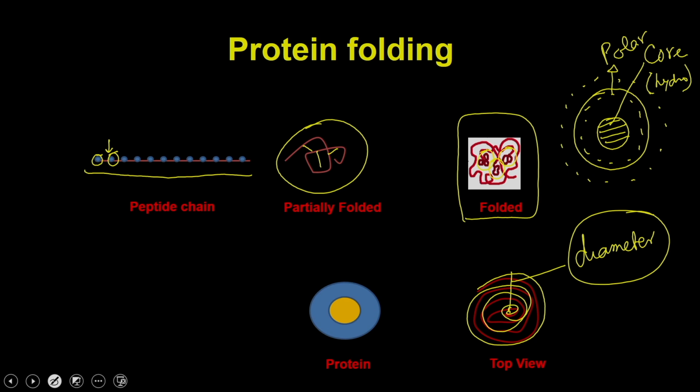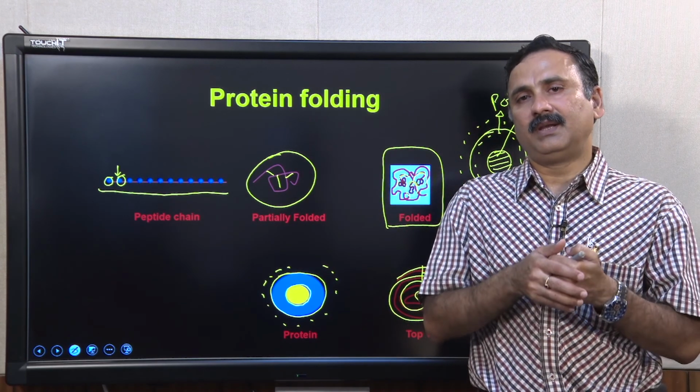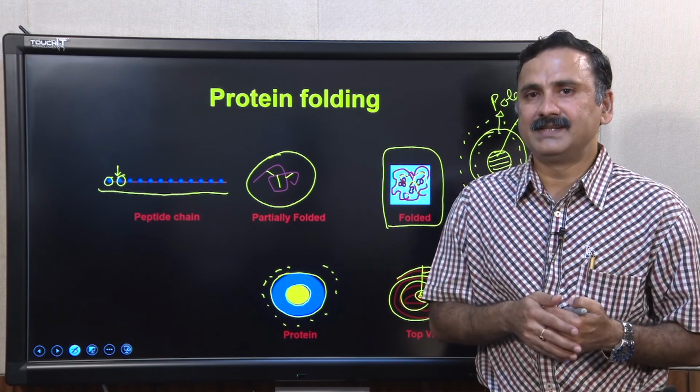So, as we discussed, you have the hydrophobic core and the hydrophilic periphery, with water outside.